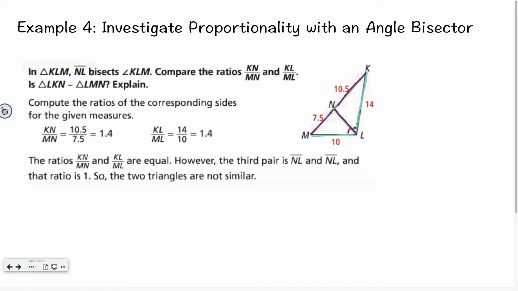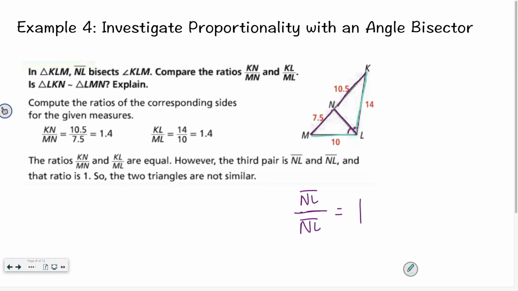However, if we were to compare NL to NL, however long NL is, it doesn't really matter, because anything divided by itself, any fraction becomes 1, right? And so we would have two sides that were proportional, but if we compared that third side of the triangle, that side does not equal 1.4.